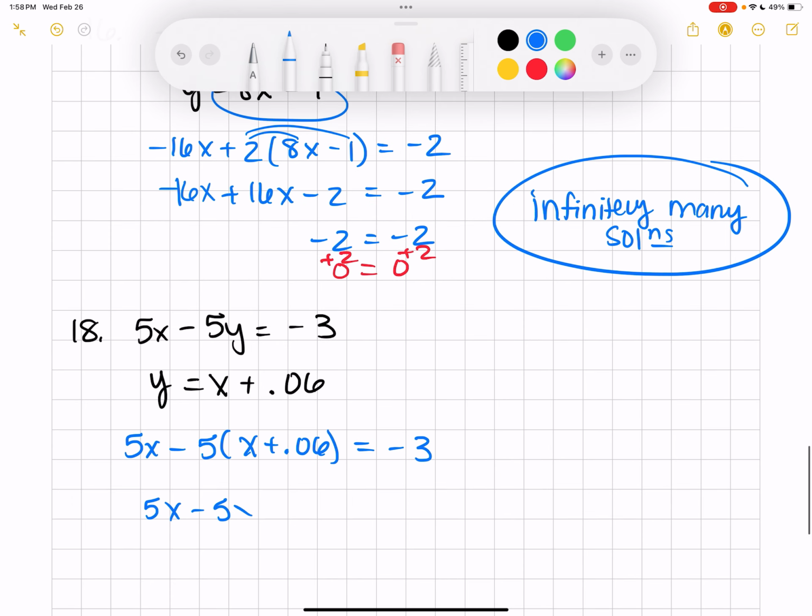Okay, I don't know what 0.06 times 5 is, so I'm going to come over here and multiply it. So 5 times 6 is 30. 5 times 0 is 0 plus 3 is 3. I move the decimal place 2. So it's going to be 0.3, so plus 0.3.